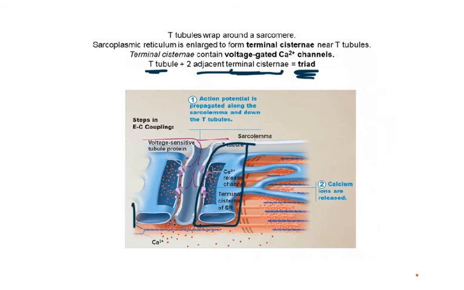It's called a triad because we have three things in a row: the T tubule and these two wide parts of the sarcoplasmic reticulum, all located right together.